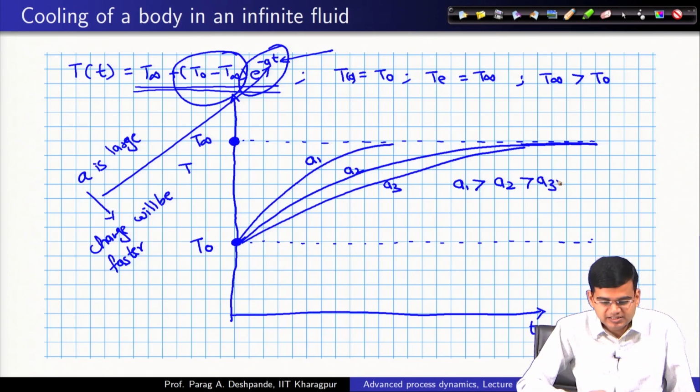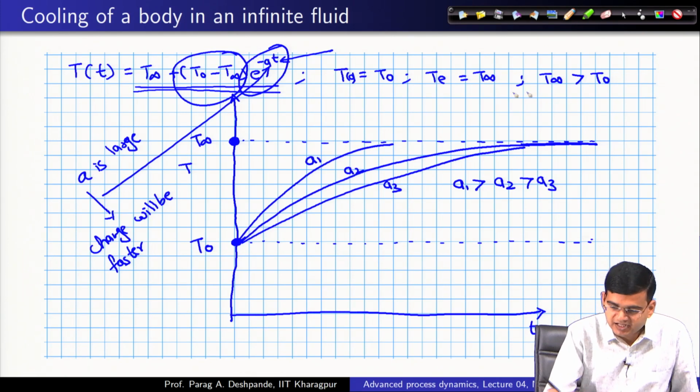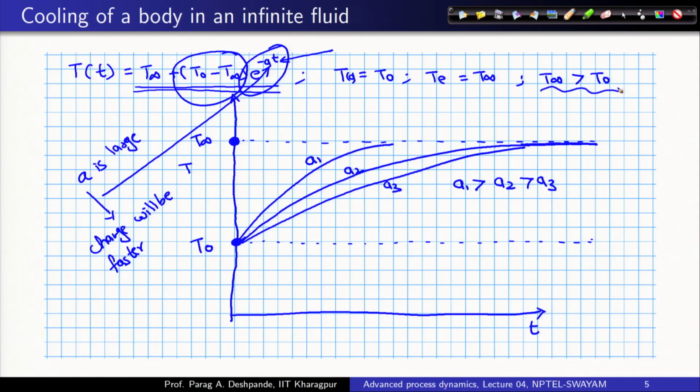Okay. So, this is the phase portrait for the system, but this corresponded to a situation where T infinity was greater than T 0, which means that you dropped your body in the oil bath or a reservoir, which was at a temperature which was greater than the initial temperature of your body.